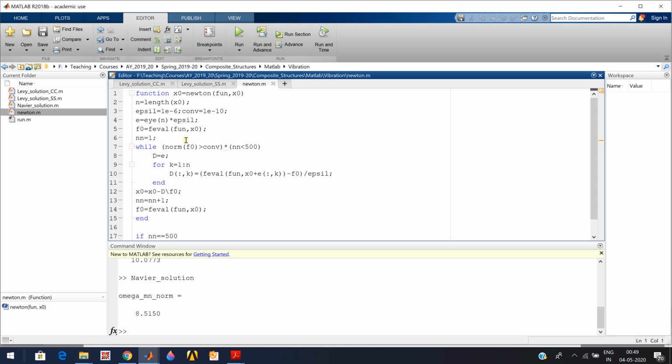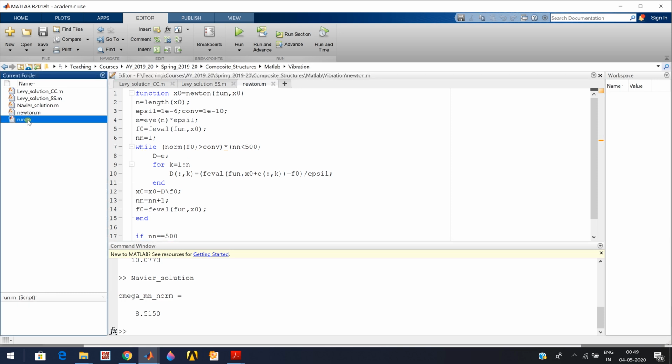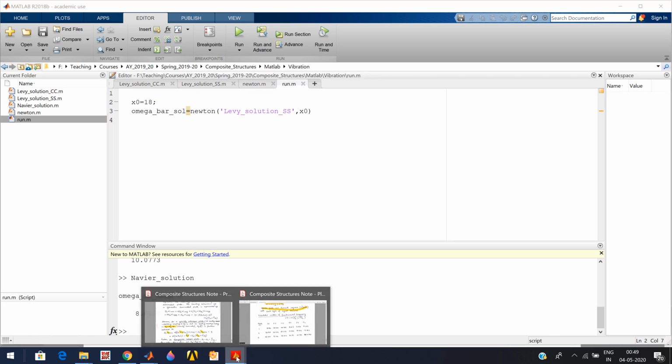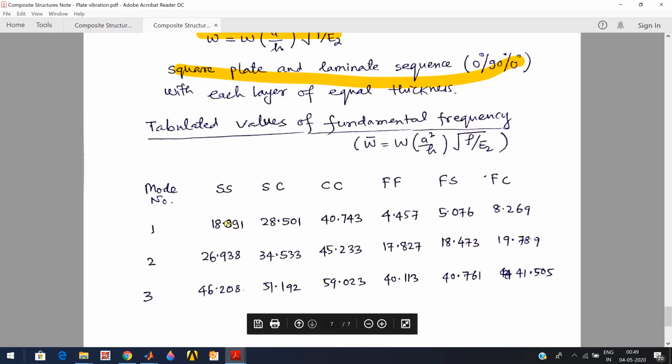This is actually my own routine, and then you just use the run command. I give a guess value for this particular case, 18, because if you see here, it's close to 18.